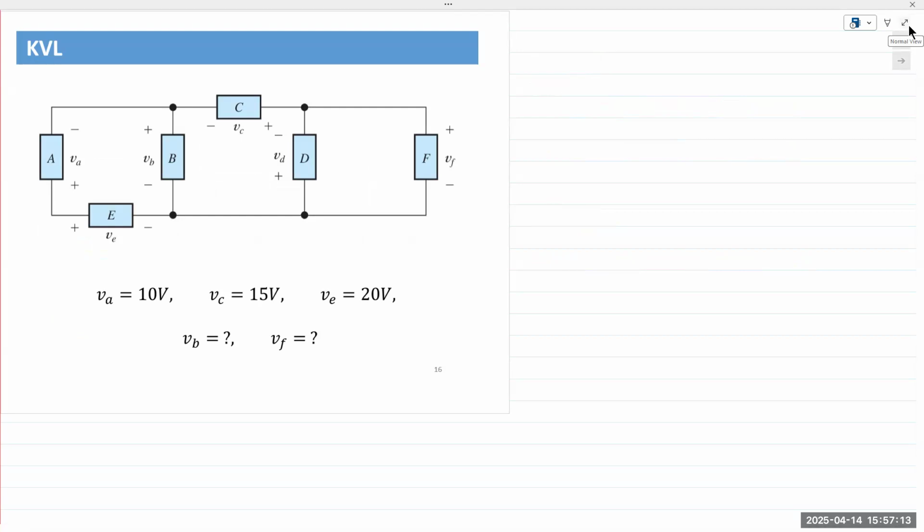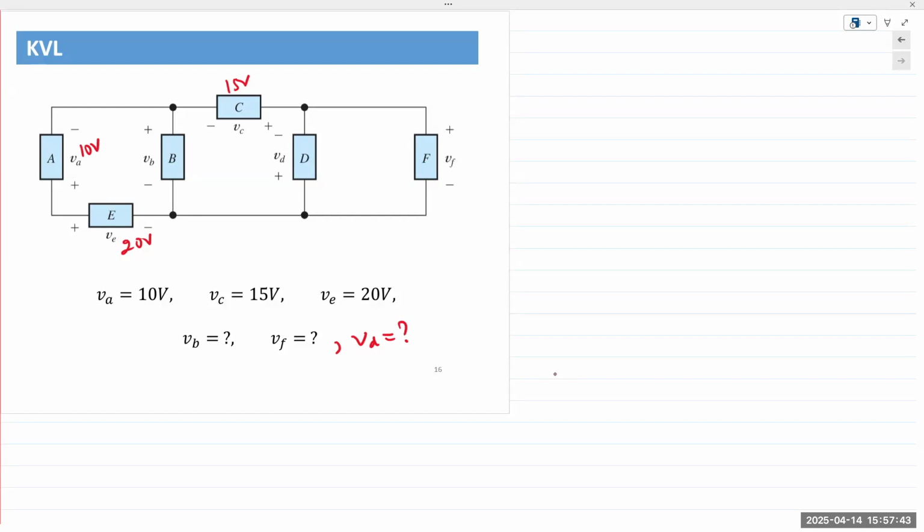All right, let's go ahead and find the answers in the time we have left. VA is 10 volts, VC is 15 volts, VE is 20 volts. So find VB, VF, and VD. If you look at the polarities, what do we need?